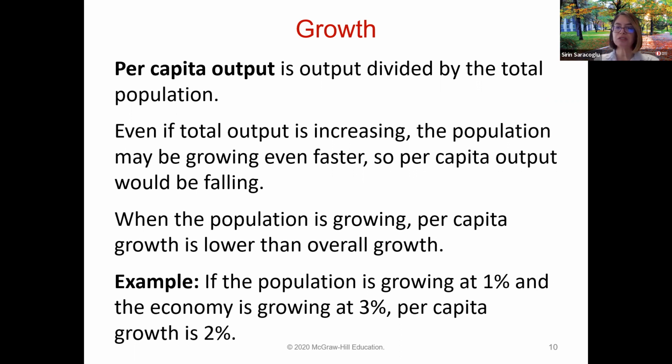Okay, so it means that the standards of living or the well-being of individuals will be increasing at 2% rather than all the way to 3%, because the number of people in the population is also increasing by 1%.